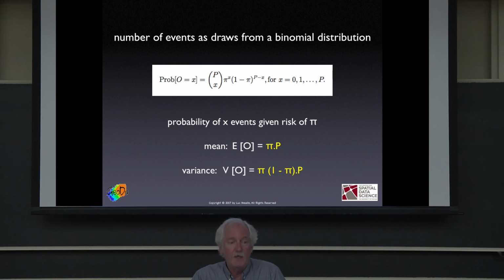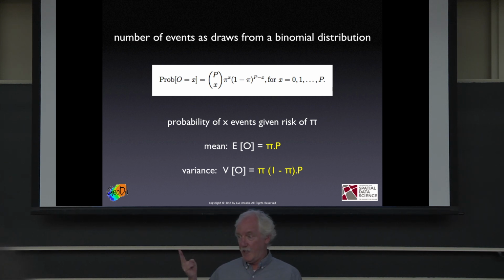So the mean of this distribution, you'll see in a second where I'm going. The mean of this distribution is pi times population. And the variability, the variance of this distribution, is pi times 1 minus pi times the population. So these are characteristics of this binomial distribution.